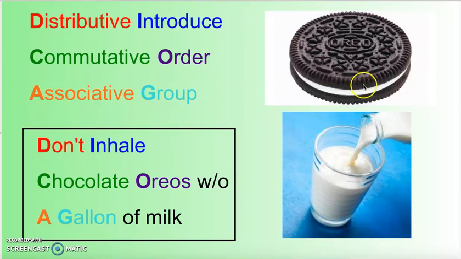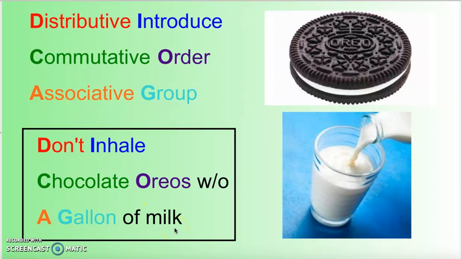But also, I came up with this saying just so that you could remember at least the initials that go together, like don't inhale, DI for distributive introduce, chocolate Oreos, CO, without a gallon, associative group of milk.